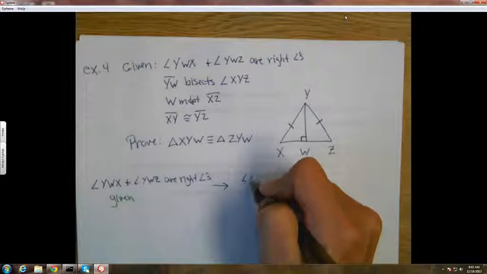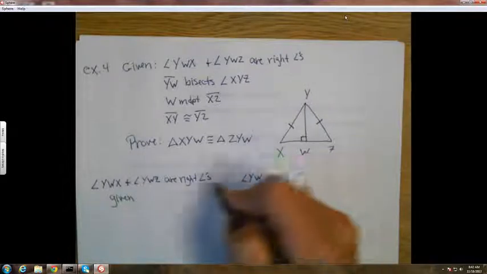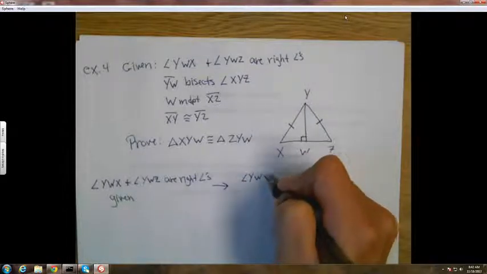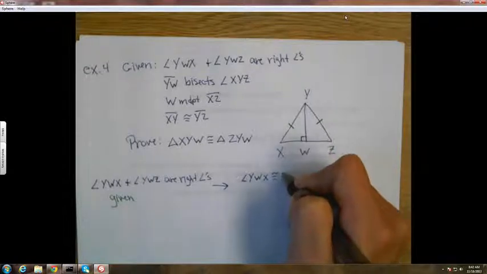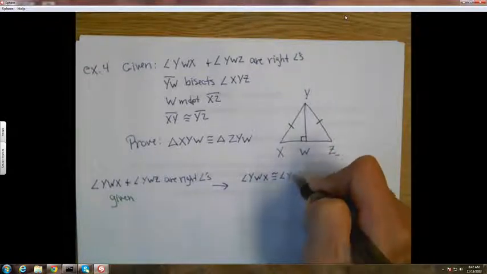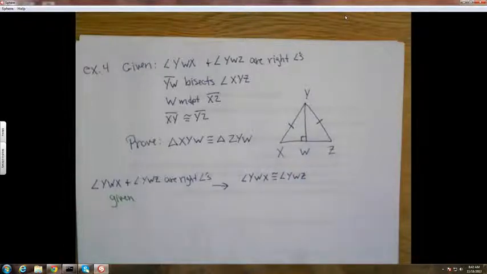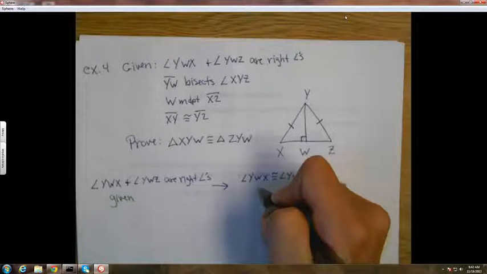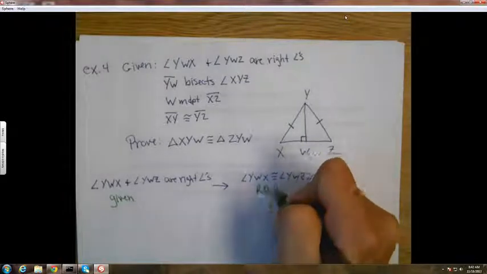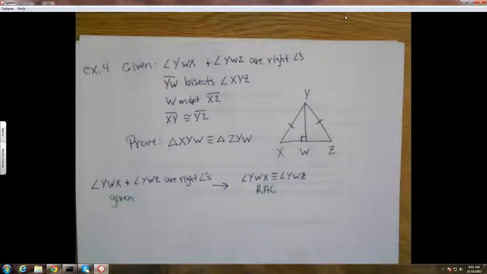Angle Y, after right angles. Which theorem are you using? 3 letters. RAC, right angles are congruent. Think deer season, rack theorem.